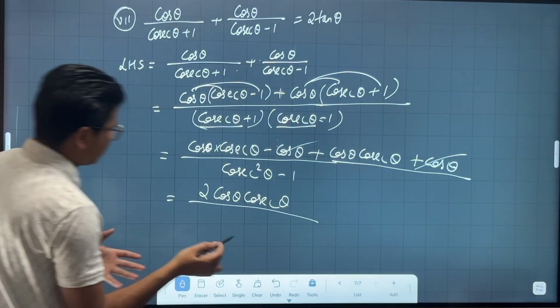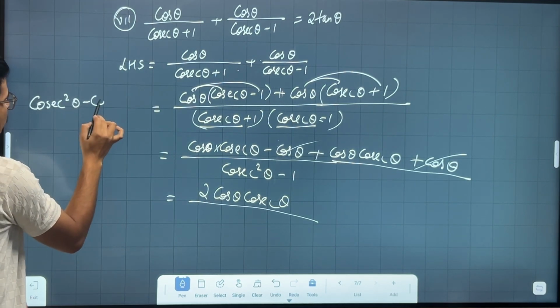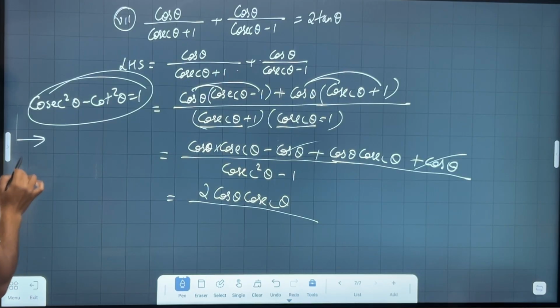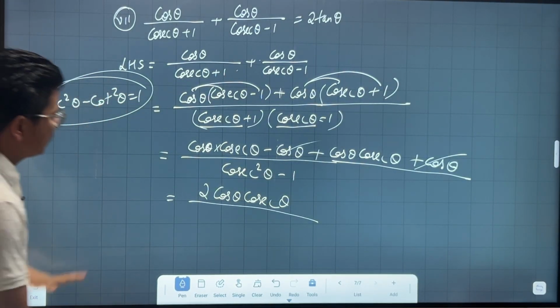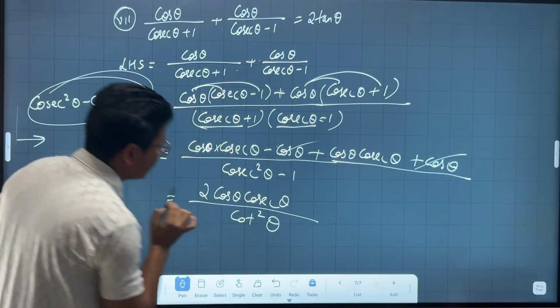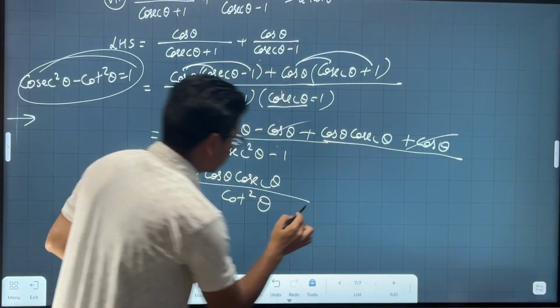And then do you remember this again, that cosec square theta minus cot square theta equals 1, correct. And from here easily you can write cosec square theta minus 1 equal to cot square theta. Now let's apply reciprocal relation on cosec theta.